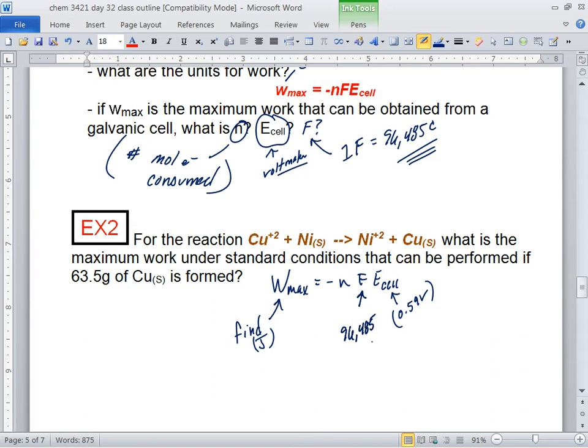Okay. All that leaves is n. See how the units are going to work out? Because in the beginning we said a volt was what over what? Joules over coulombs. You multiply it by coulombs. The coulombs cancel. You end up in joules. So this will work.